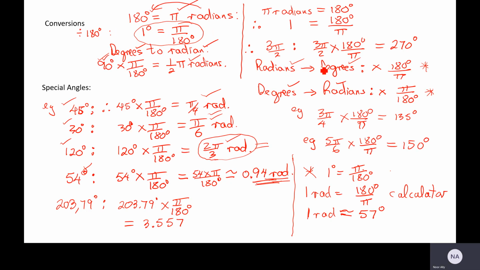Now, what about other cases? For example, if I give you 2.34 radians, how many degrees? You're going to take 2.34, and what must I multiply? Radians to degrees, 180 over pi.